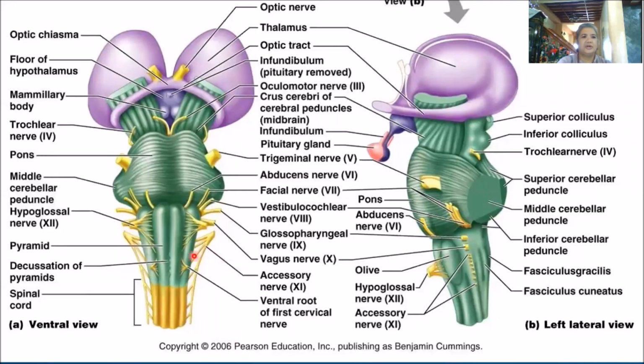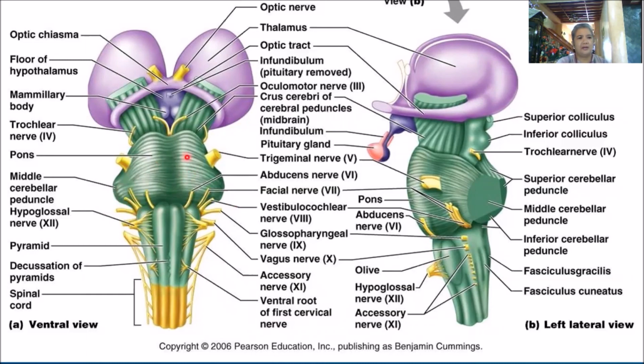Then this is your brainstem. This one is the midbrain, this is the pons, and this is the medulla oblongata. If you will notice, you will see the different yellowish structures here, which are fibrous parts. These are your cranial nerves, because most of your cranial nerves will arise from the brainstem.